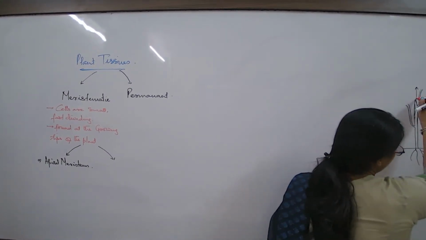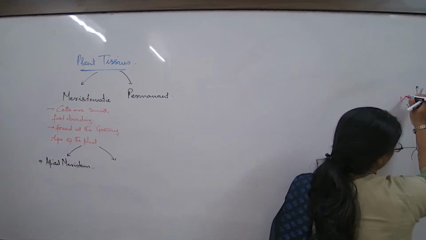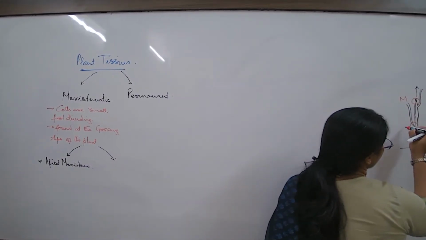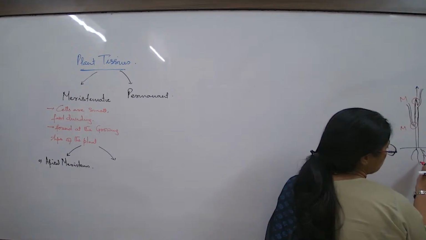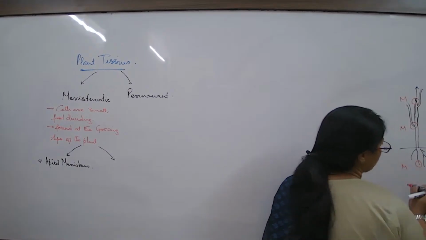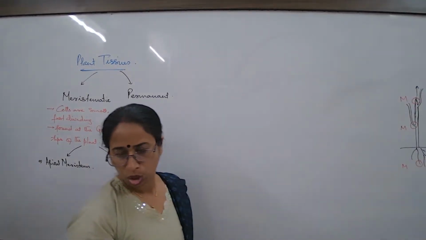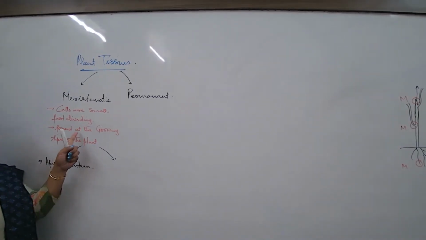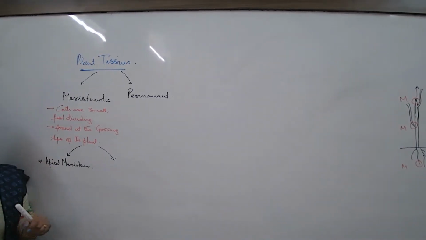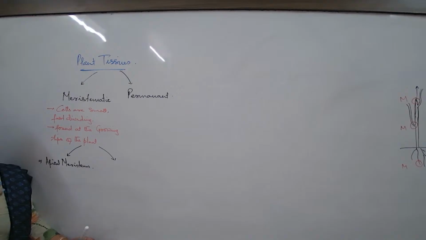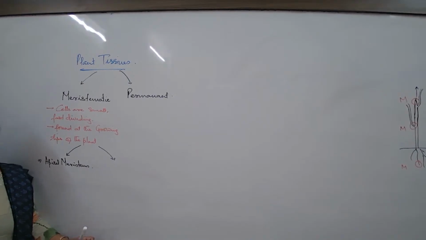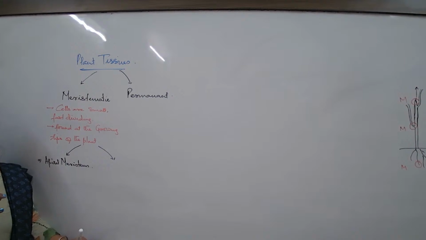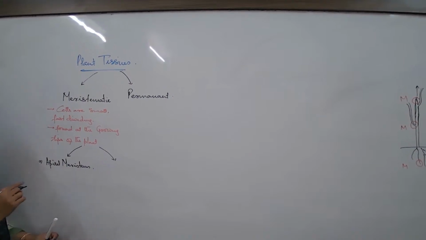So where are meristematic tissues present? Always at the growing tips of a plant, meaning the root tip in the soil and the shoot tip above the soil. So always write the major location.